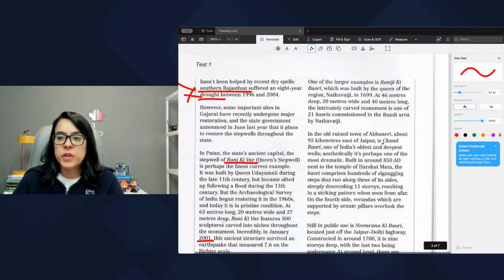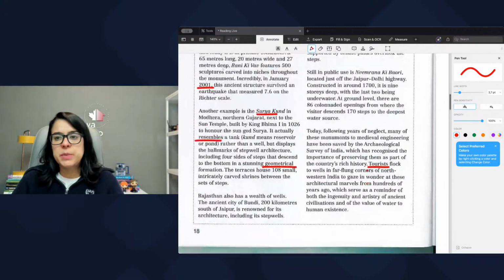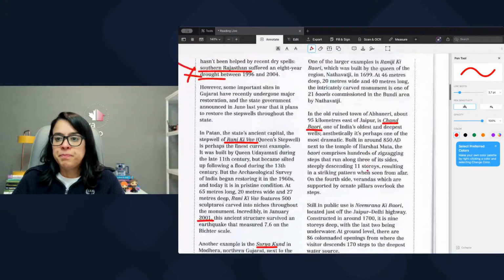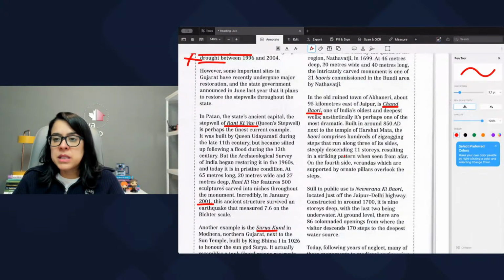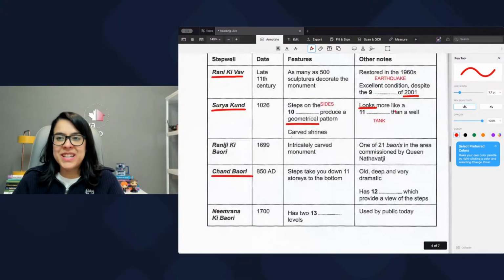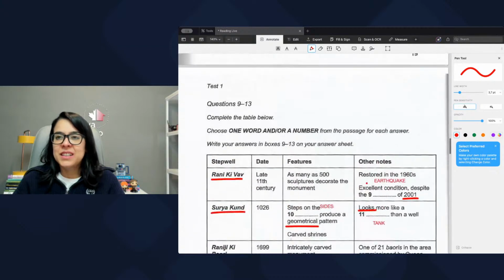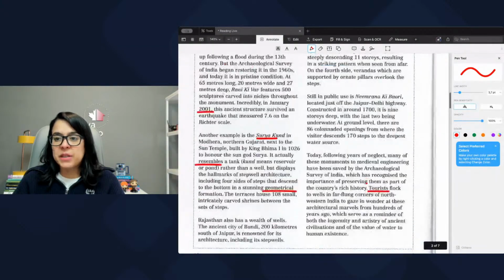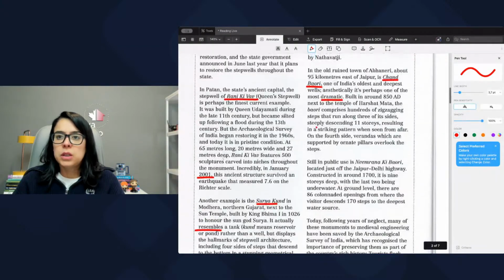Ah, here. So, we're going to skip the next paragraph. I don't need to read the previous paragraph. And it's perhaps the most dramatic. You see, they also mentioned this word here, deep, old, very dramatic. So let's see what provides a view. Okay, built. No. Where did they say about a view here?